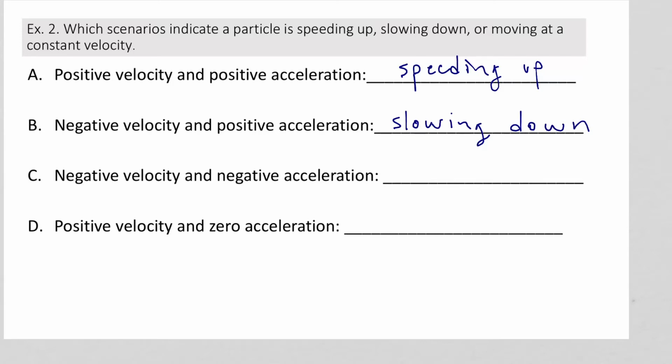Those are acting in the same direction, so this particle is also speeding up. And D, positive velocity and 0 acceleration. Well, if you have 0 acceleration, that means your velocity is not changing. It's a constant velocity, so we can just say constant velocity.